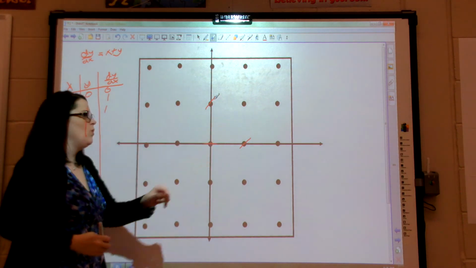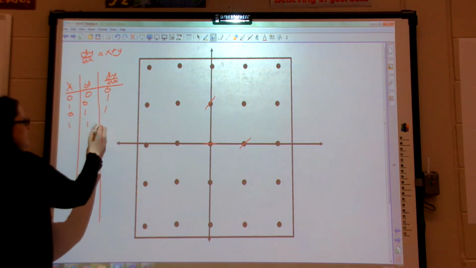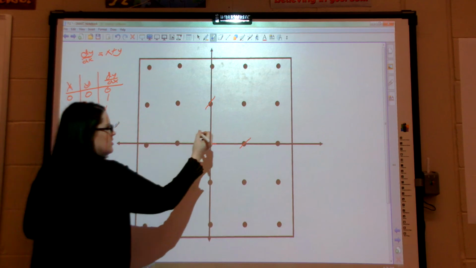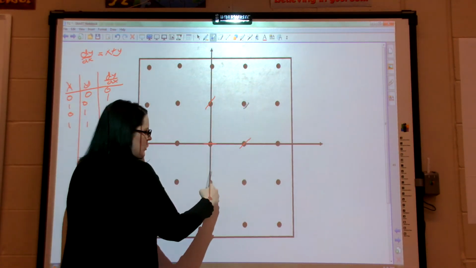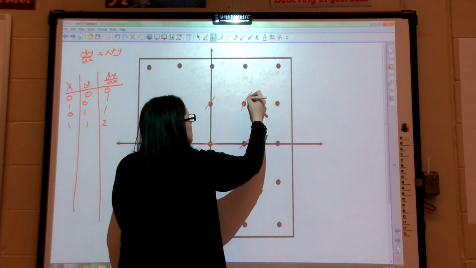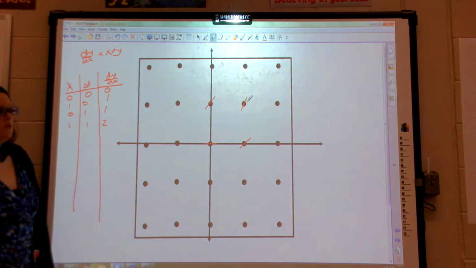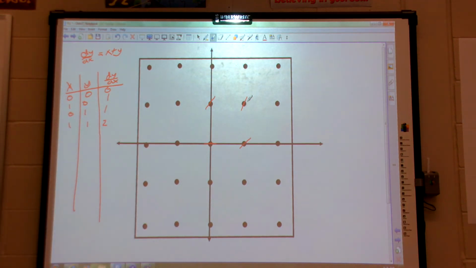This is the point 1, 1, so its slope is 2. So it's going to be a little steeper. Try to do your best to go 2, so that's why you have a ruler, kind of go up 2 over 1, or whatever you have room for.